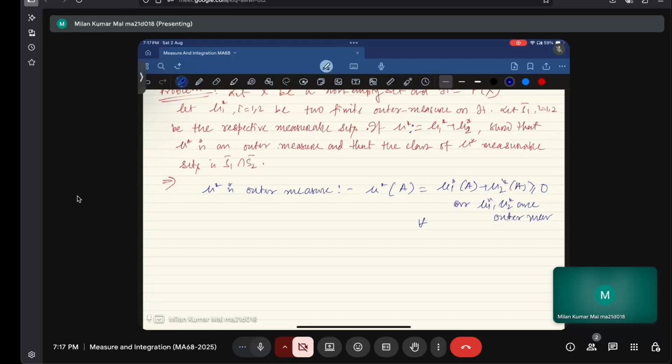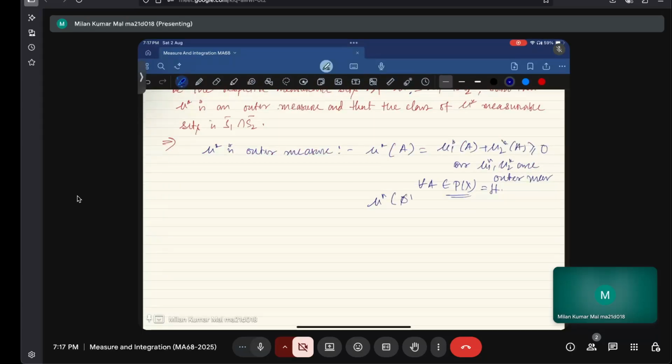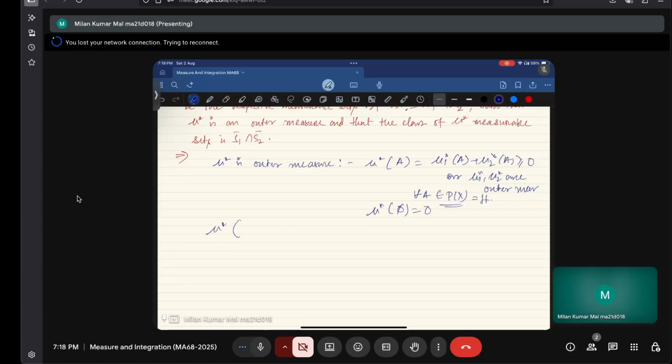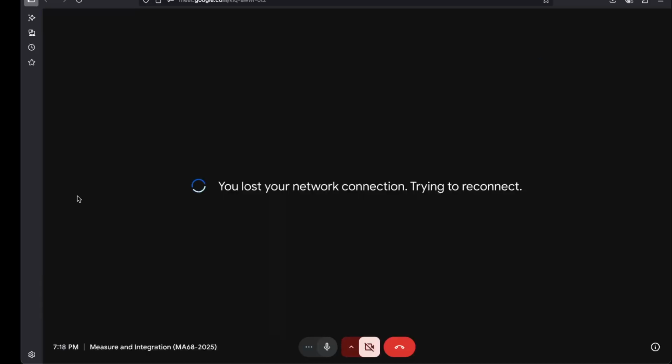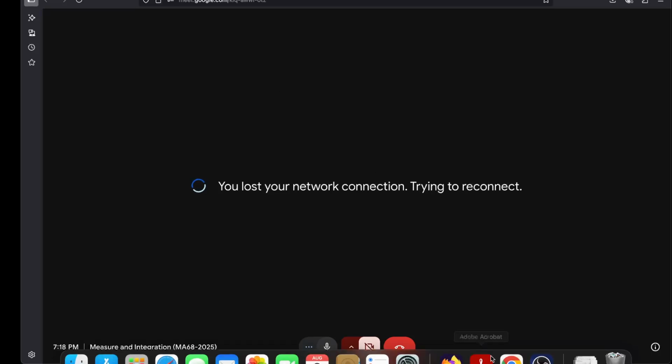This is for all A belonging to the power set of X, which is equal to H. The second thing is that mu star of the empty set is 0. And for subadditivity, mu star of the union of A_i, i equals 1 to infinity, equals mu1 star of the union of A_i plus mu2 star of the union of A_i.